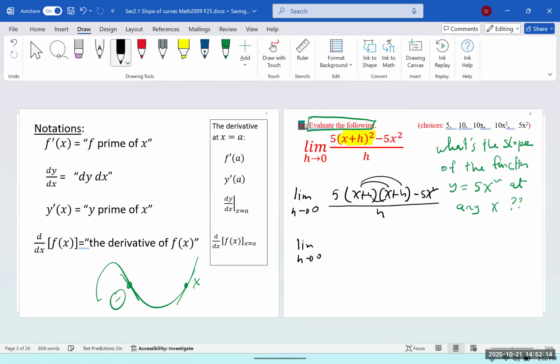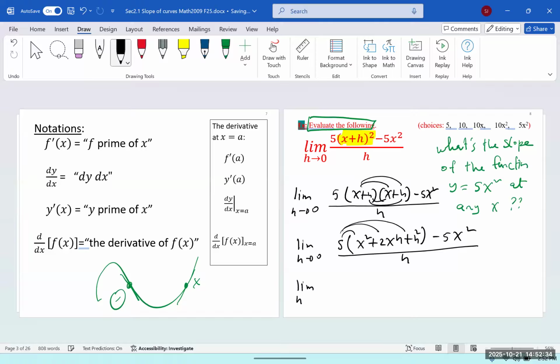And when you use the distribution, you get 5 times (x squared plus 2xh plus h squared) minus 5x squared over h. And then you distribute the 5.